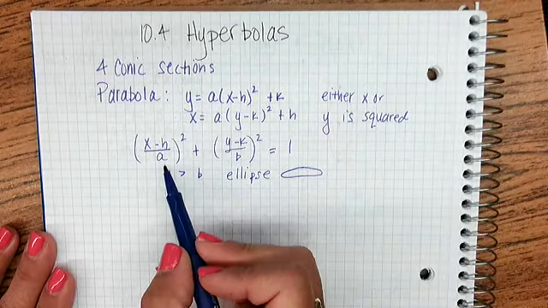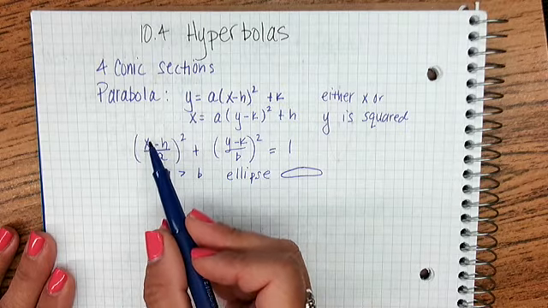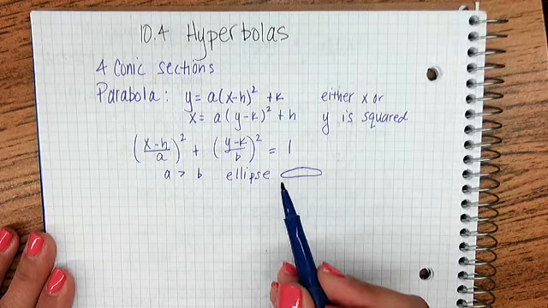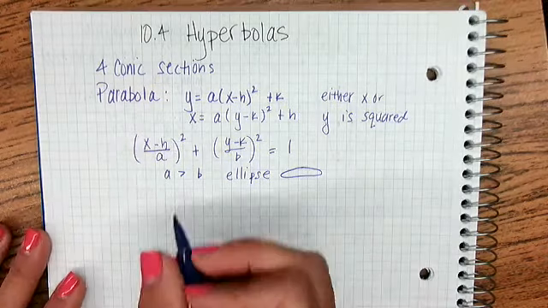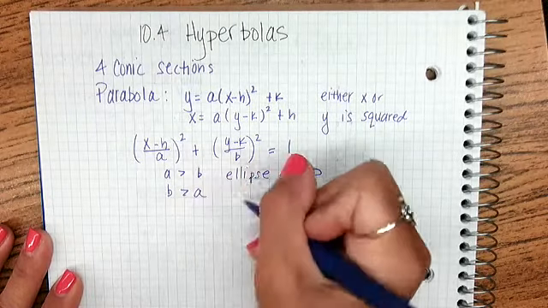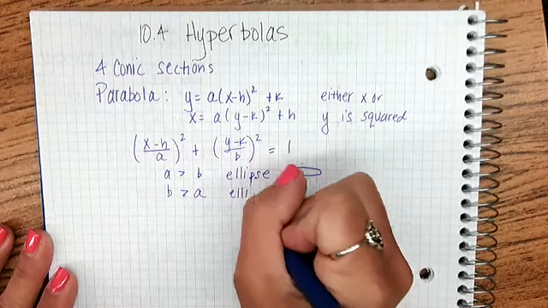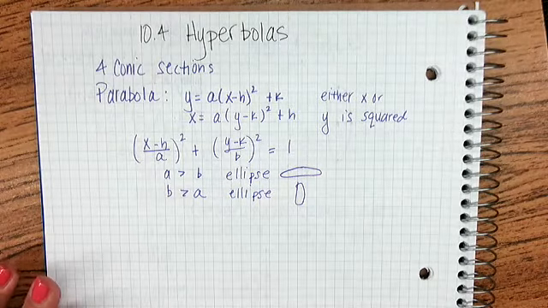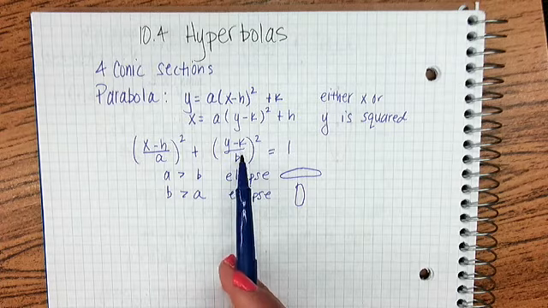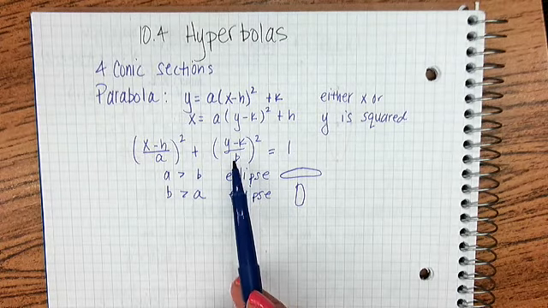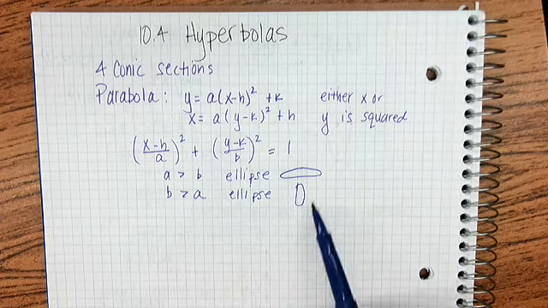A is the major axis, along x, right, left. So the ellipse is wider than it is tall. If b is greater than a, it's still an ellipse, but this time it is taller than it is wide. B is associated with the y-axis, it's the denominator on the y variable, and y is vertical, so this is taller.